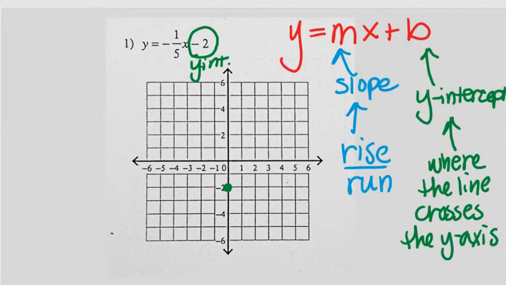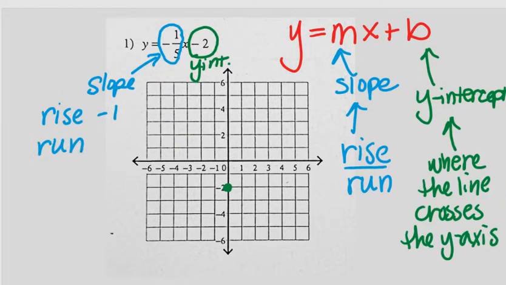Now the slope is the m, it's how we move. So I want you to circle -1/5, not the x. Don't circle the x, it is not the slope. -1/5 is the slope. So we're going to rise -1 and run 5 from our beginning point.